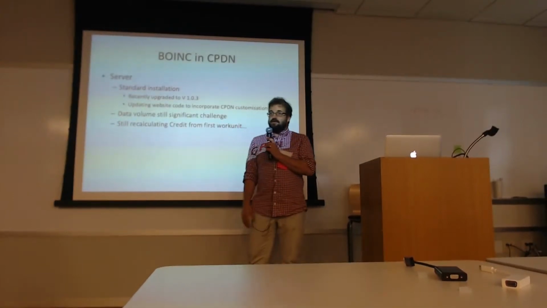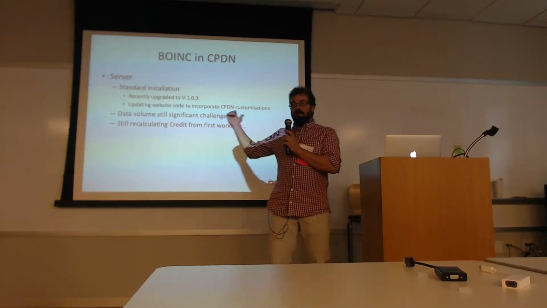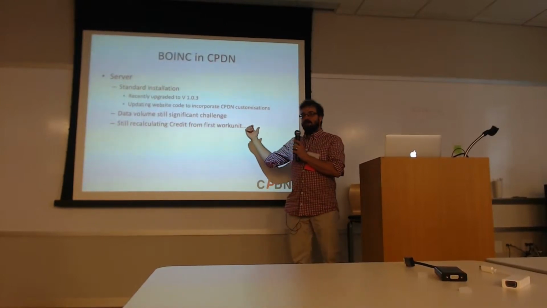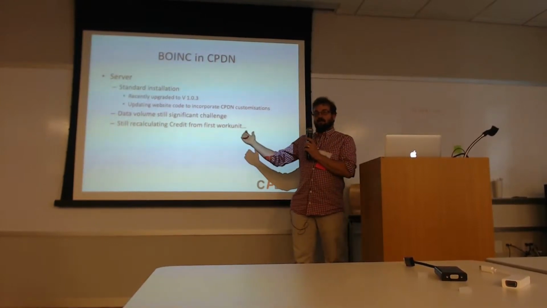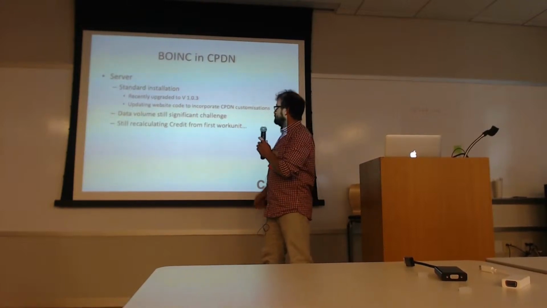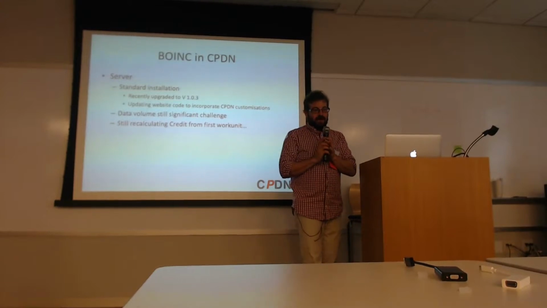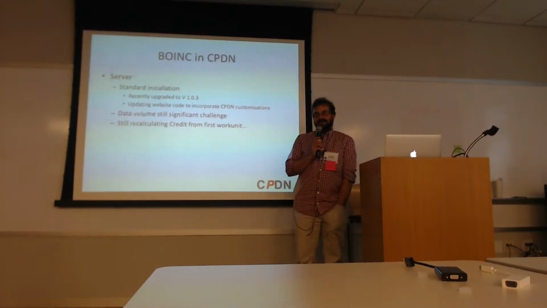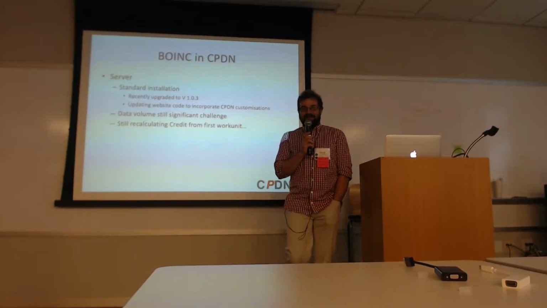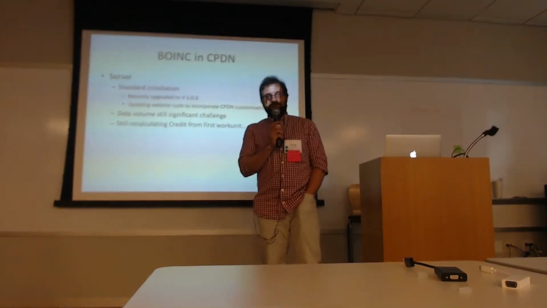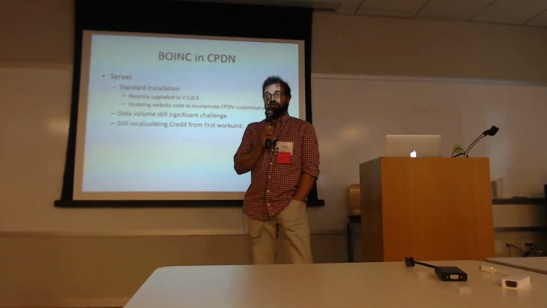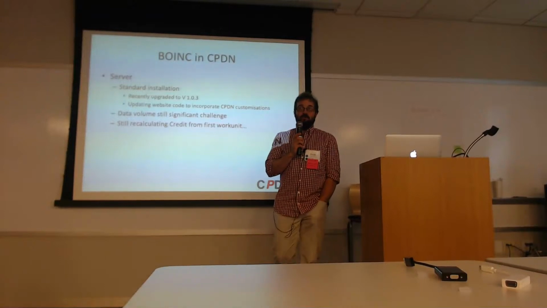Data volumes are still the significant challenge, and in a moment I'll show you that they've become more of a challenge because we're about to do another migration. But one of our big problems is we calculate our volunteers' credit afresh every single time that we recalculate credit, any credit at all, from work unit 1.